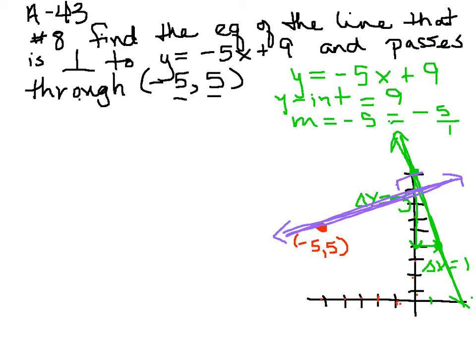So I know my slope, by just looking at it, has to work out to be positive. So let's go ahead. We know our slope is negative 5, so we know the slope is negative 5 over 1. Therefore, the perpendicular slope is the negative reciprocal.